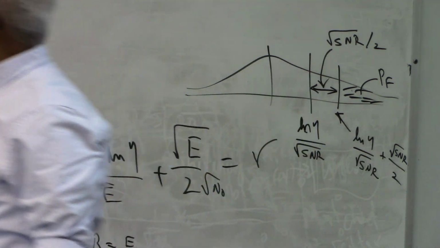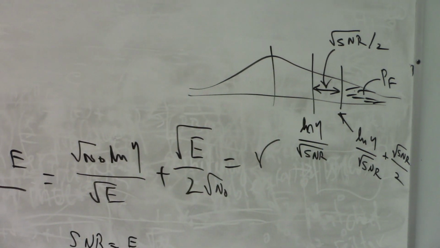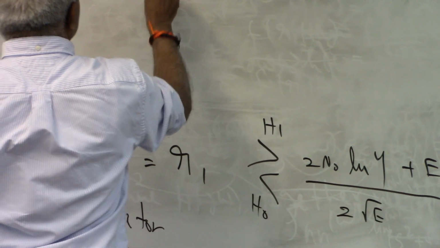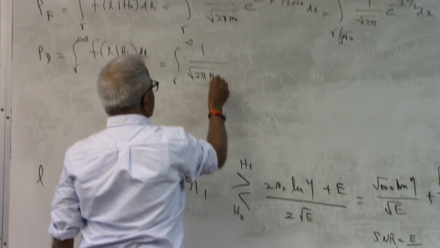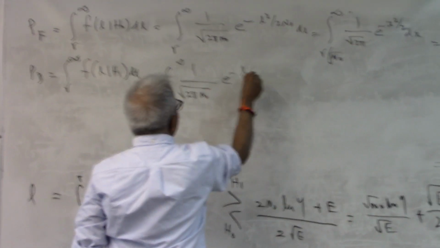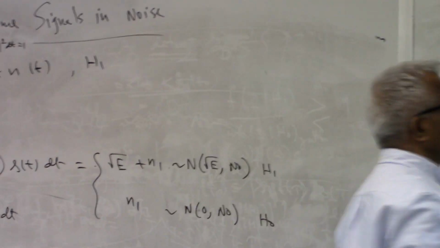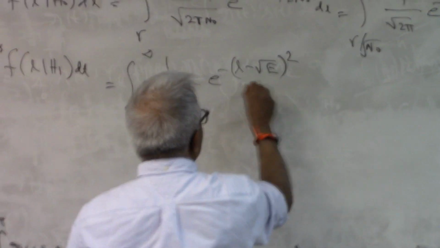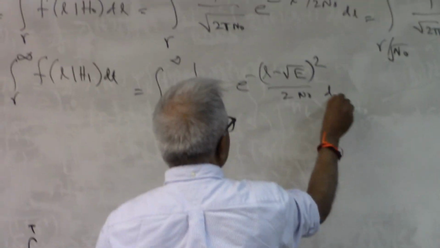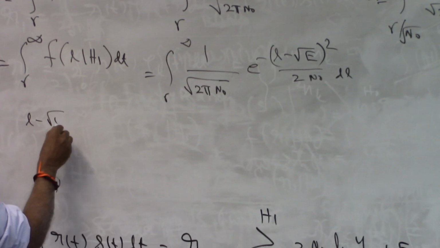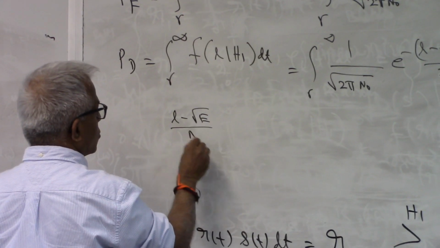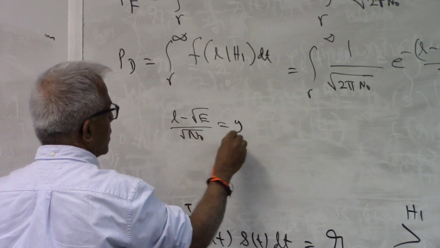So let's do PD. This is gamma to infinity, the same density function but with mean square root of E. So this is L minus square root of E, the whole squared over 2N0, dL. Here you have to be a little careful. I'm going to put L minus square root of E over square root of N0 as y.